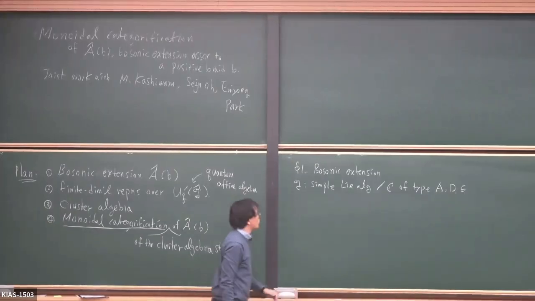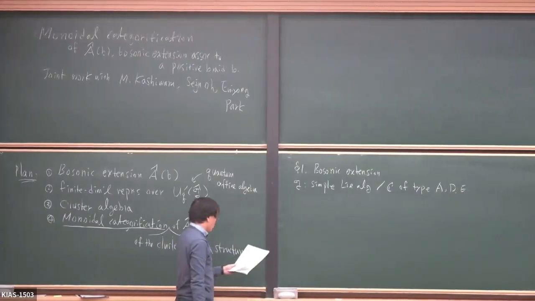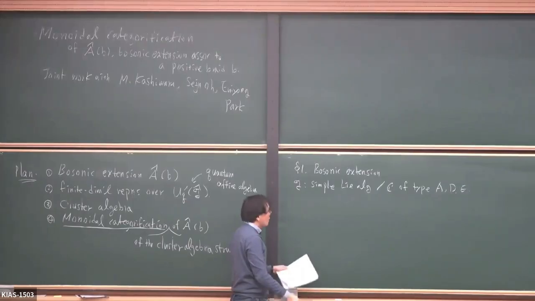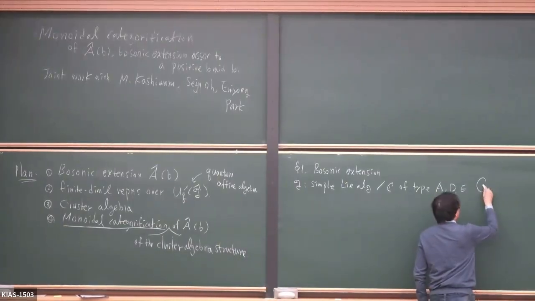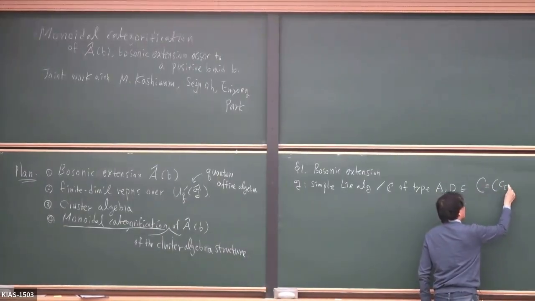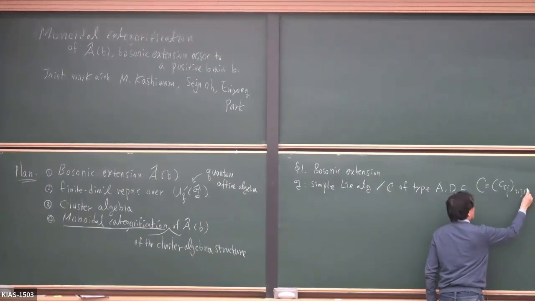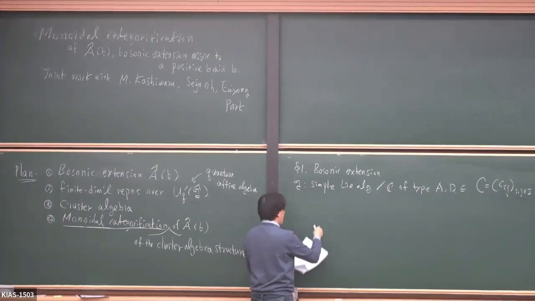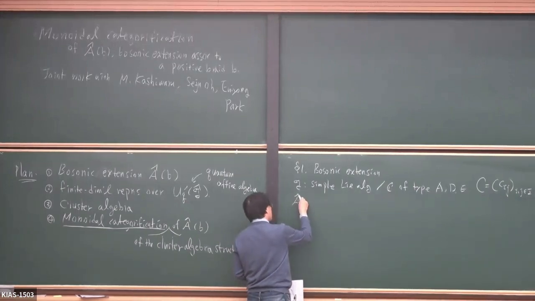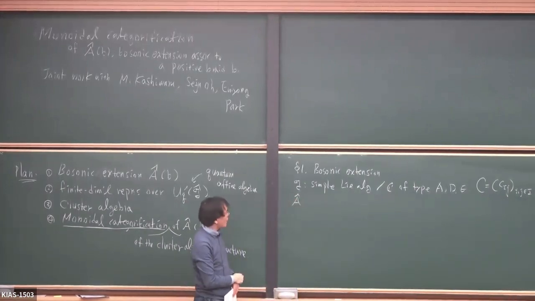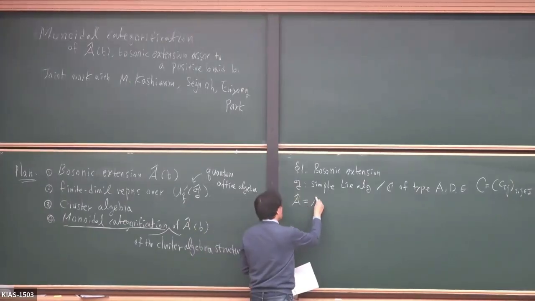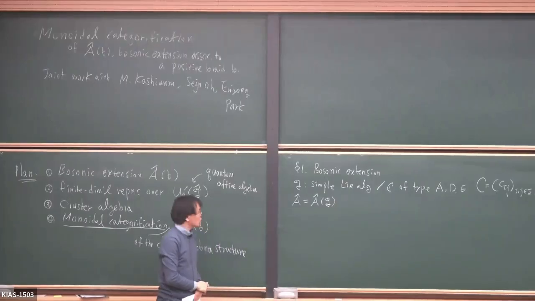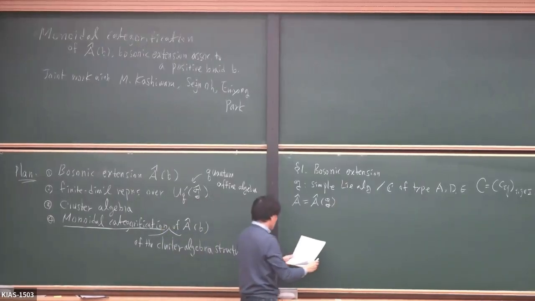So let's consider that G is a simple Lie algebra of complex numbers of ADE type, and C is the corresponding Cartan matrix. First, let me define the algebra A hat. The input data is our simple Lie algebra, so we write A hat G in this way.